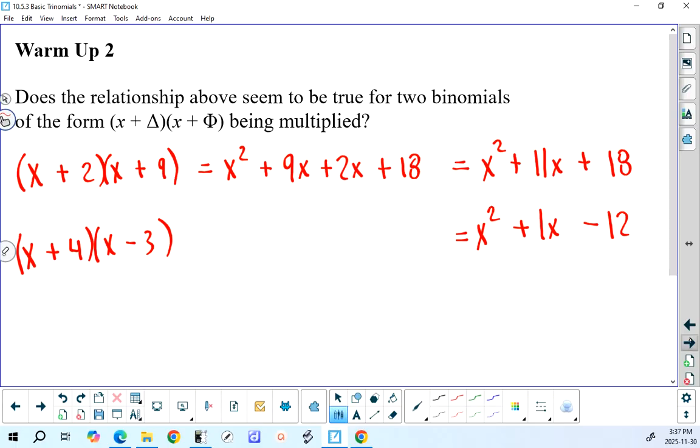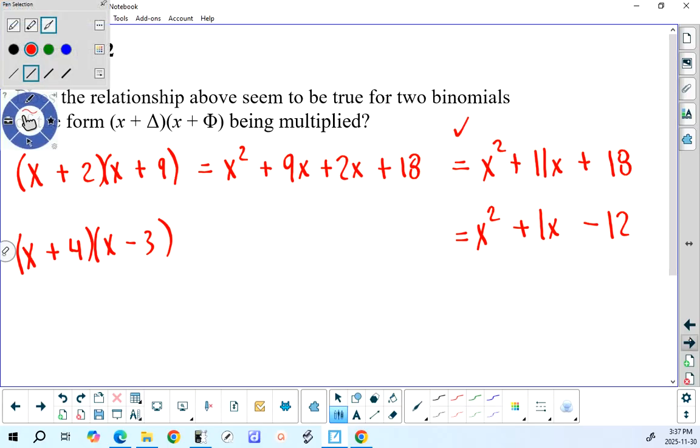Because the outer and inner products together are 9x and 2x. So it works here. That is to say, the sum of these two numbers gives us this, and the product of those two numbers gives us this.